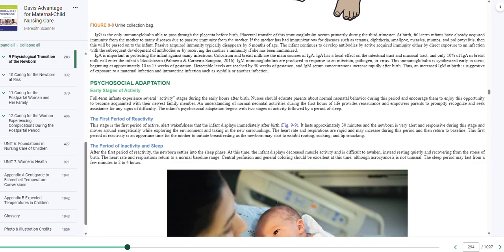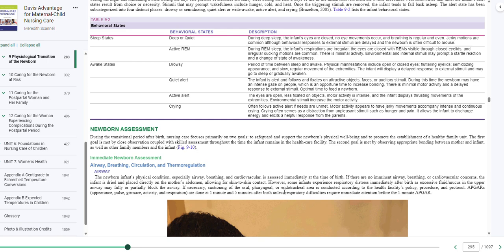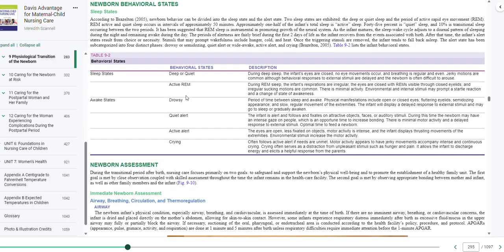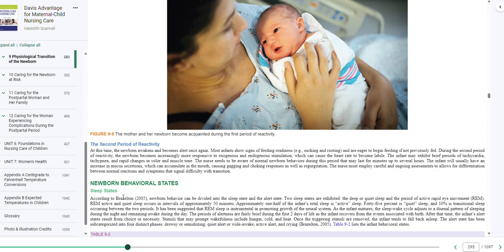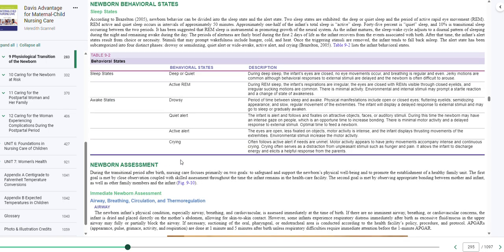All right, let's look at newborn sleep states and behavioral sleeping patterns, okay? So this chart is in your book on page 295. Under behavioral states, where it says sleep states on page 295, about halfway down of that paragraph, right here.